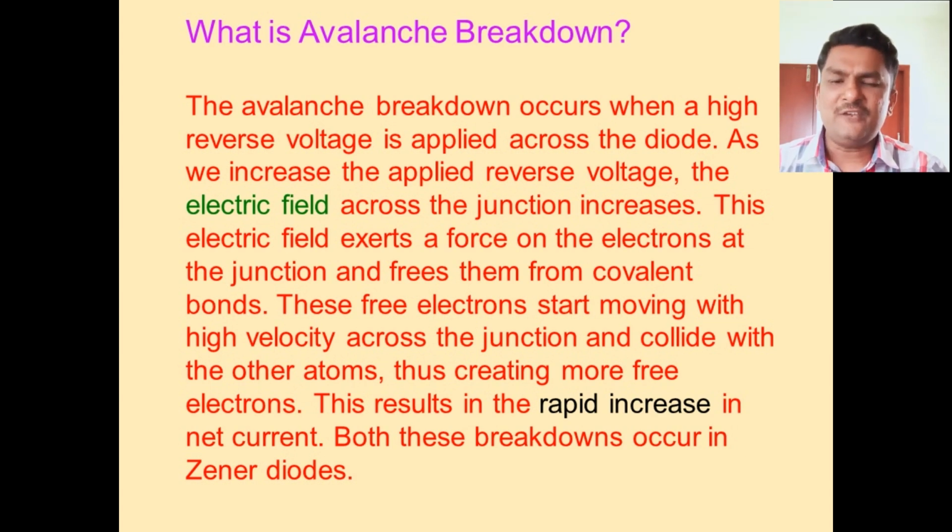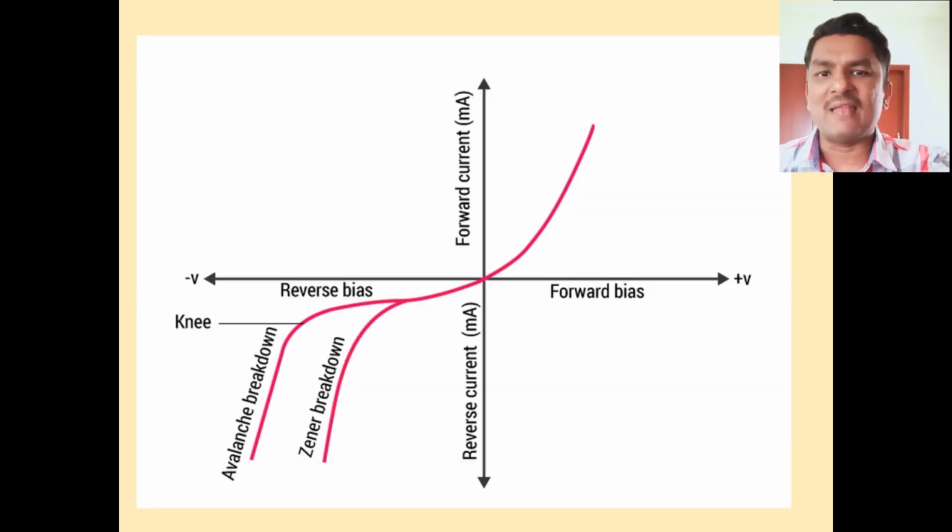If the number of free electrons available is more, obviously conduction increases. There is a rapid increase in the net current value. Both these breakdowns occur in Zener diodes only. This is called Avalanche breakdown. Compared with Zener breakdown, the applied voltage is more in the case of Avalanche breakdown.